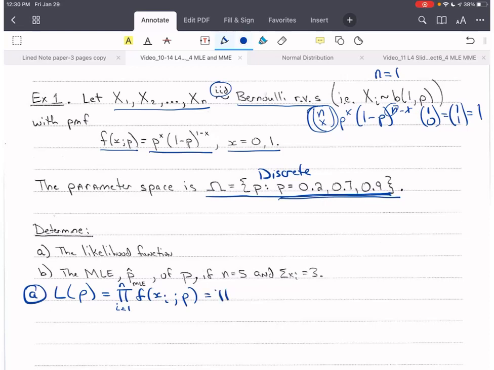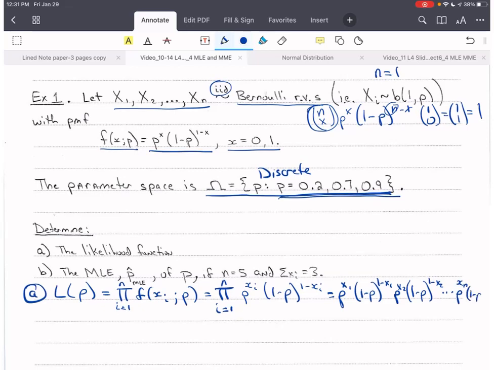And so this is the product from i equals 1 to n of p to the xi, 1 minus p to the 1 minus xi, and this is equal to p to the x1, 1 minus p to the 1 minus x1, times p to the x2, 1 minus p to the 1 minus x2, dot, dot, dot, all the way up to p to the xn, 1 minus p to the 1 minus xn. Sorry, I'm running off the page there.